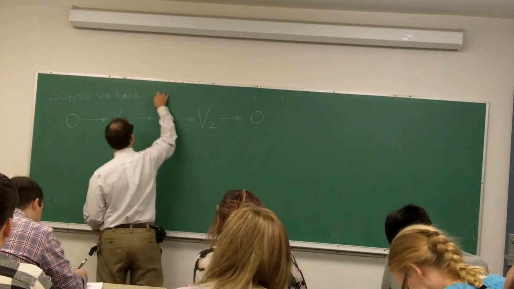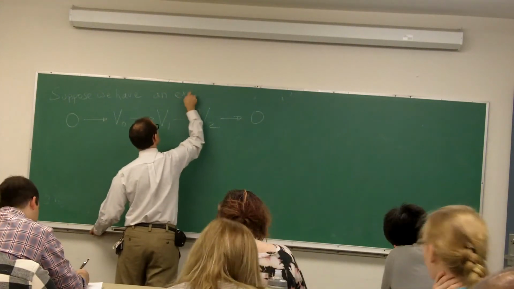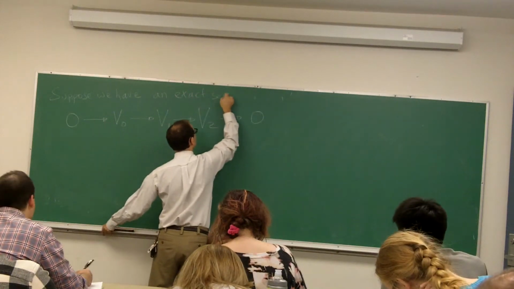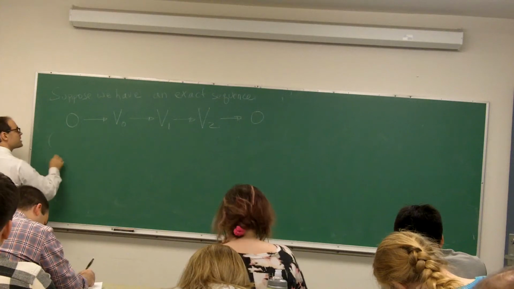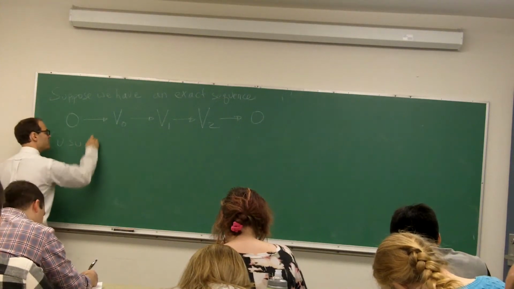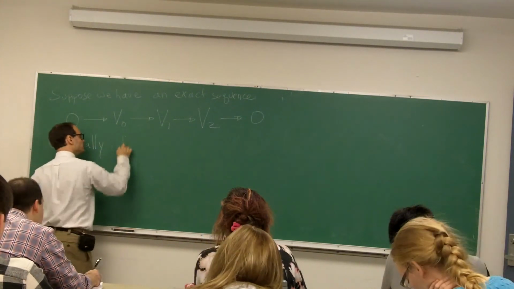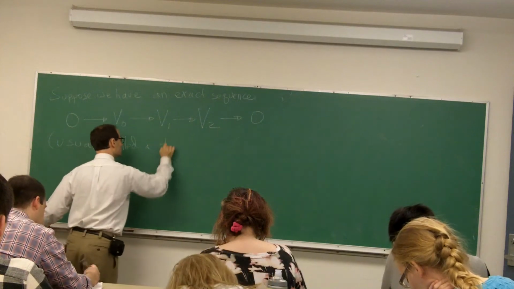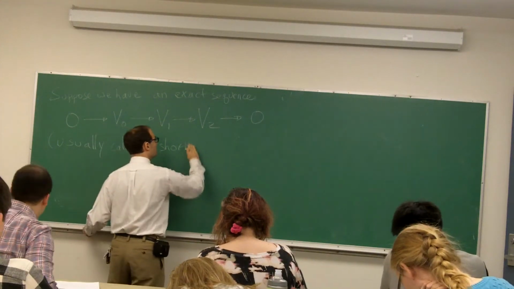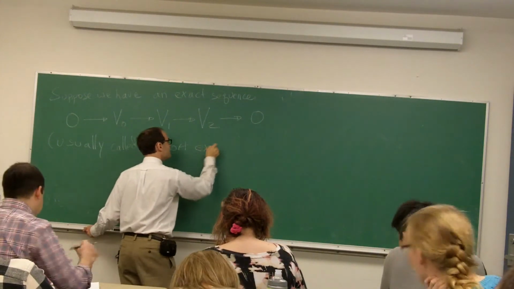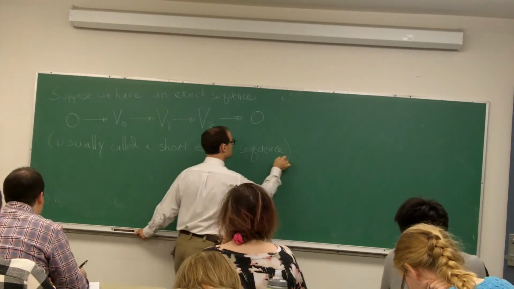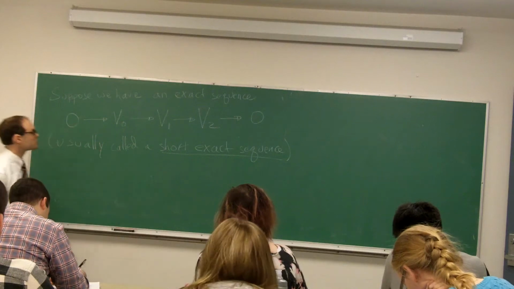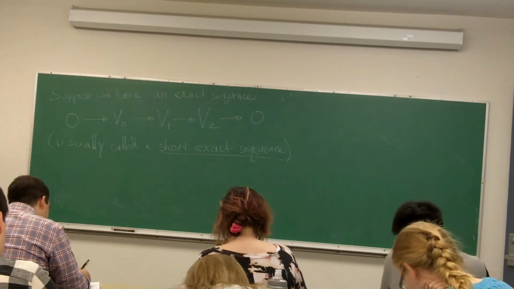And I'm going to assert this is an exact sequence. This is sometimes called a short exact sequence. Even though the other ones were shorter, this is what is deemed a short exact sequence.